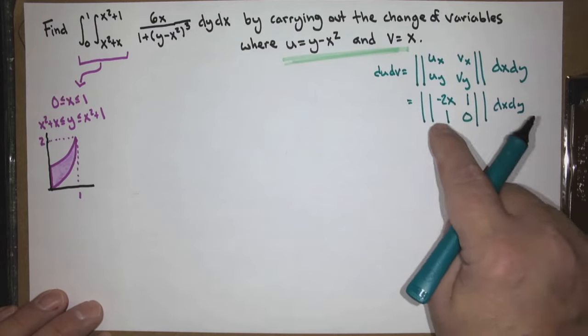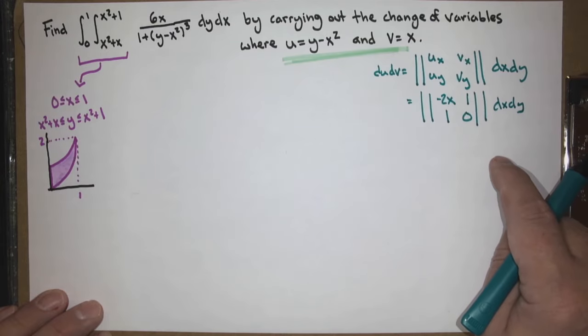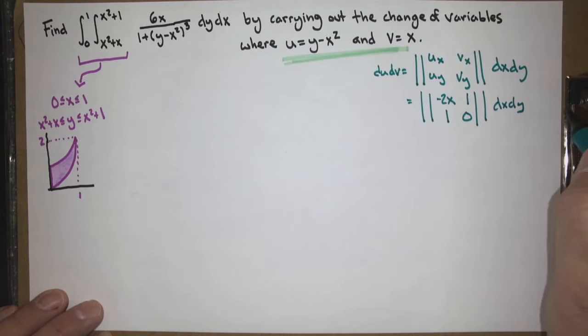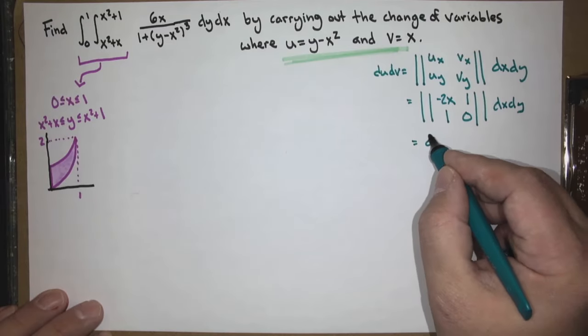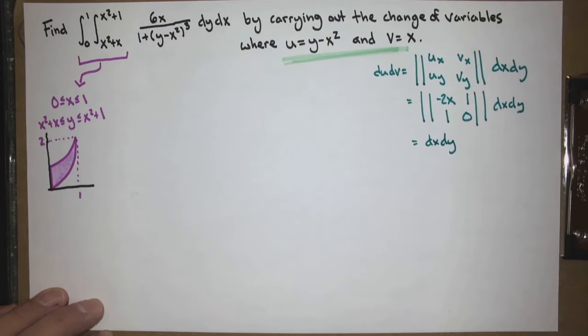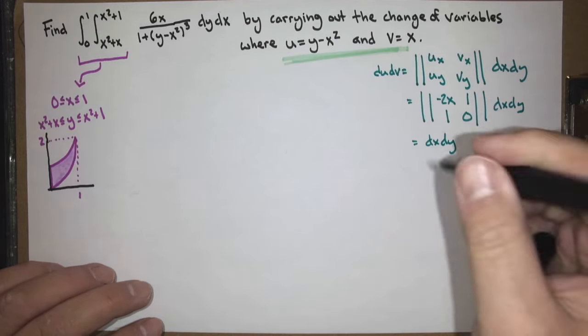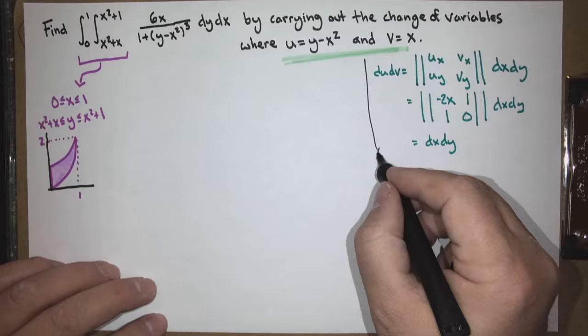Well, you get negative 1, but then there's the absolute value. And so we end up with dx dy. So it turns out that for this case, du dv is dx dy, in the sense that there's no expansion or contraction. It doesn't mean that there's a one-to-one. Okay, so that's that piece. Woohoo! That'll make it easy.